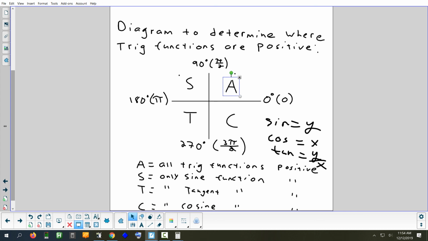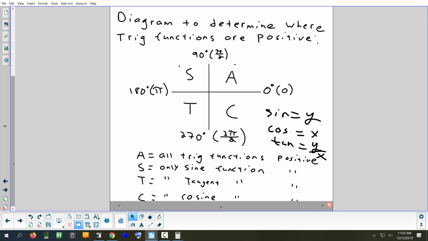A negative over a negative. Where are x and y both negative? Quadrant 3. So this information was kind of already in your head in a different way. This just makes it, I think, easier to think about. So you don't have to think about y, x, and y over x. Okay. Any questions on that diagram?